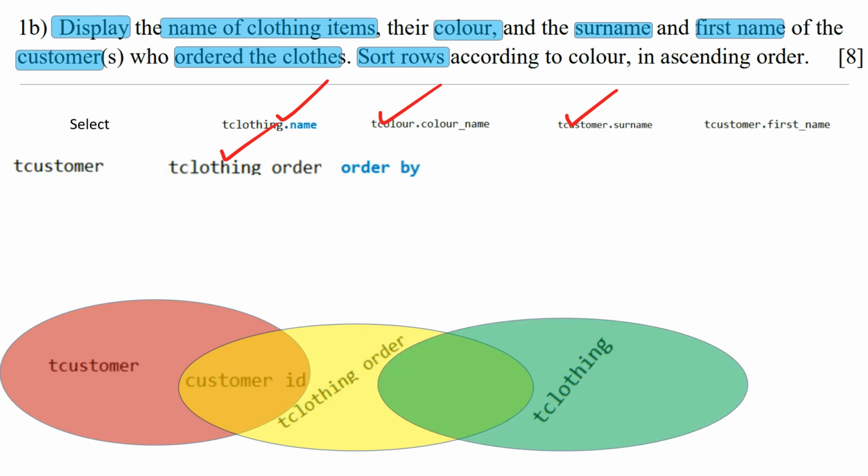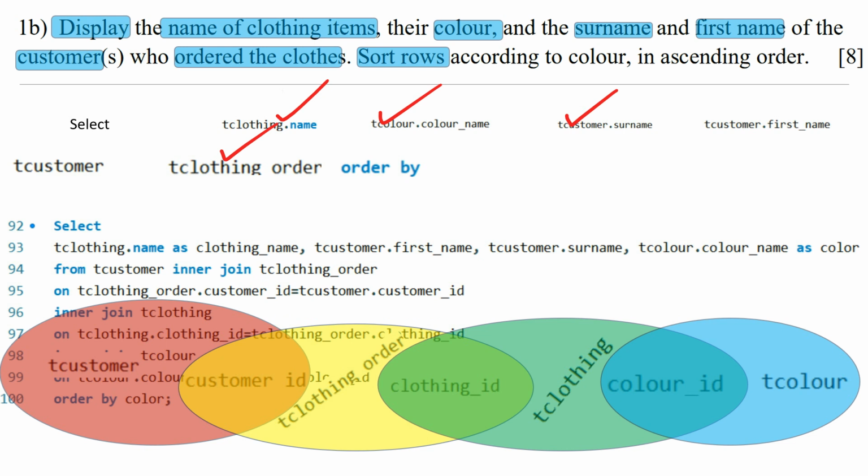T clothing is linked to the combination we joined before through clothing ID, which is common in T clothing and in T clothing order. And then lastly, we have T color, which is linked to T clothing by color ID. Then this is our query.